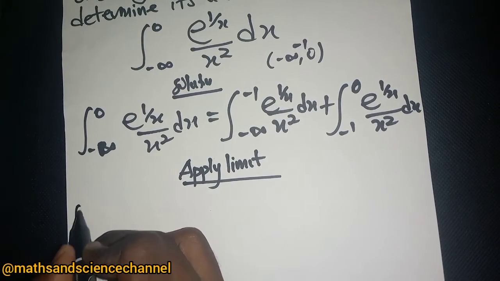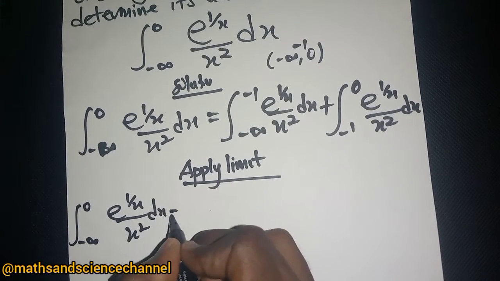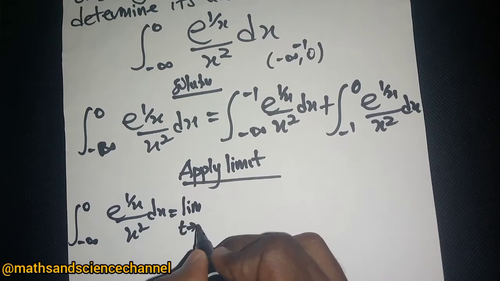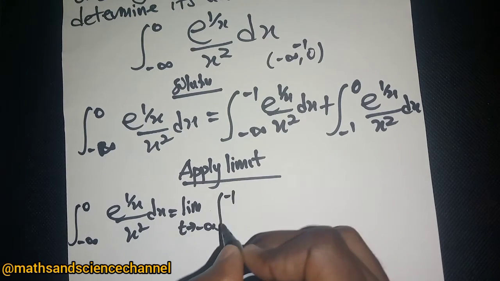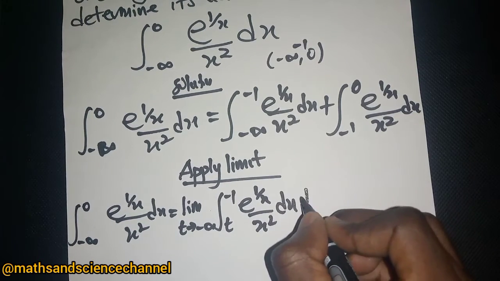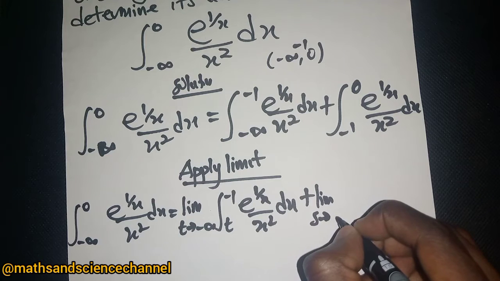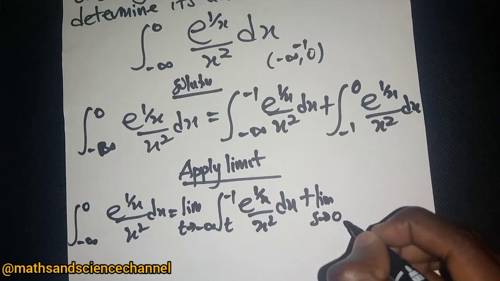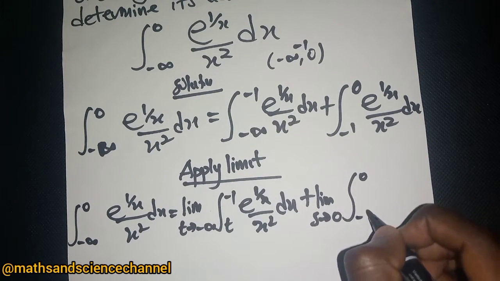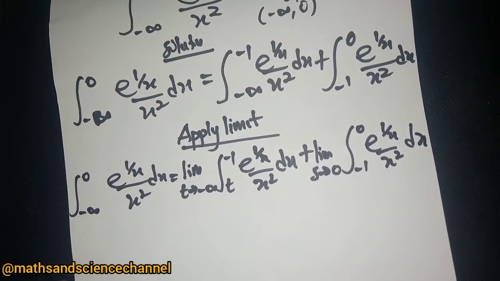The first one will be equal to the limit as a variable t approaches negative infinity, from t to negative 1 of e to the power 1 over x over x squared dx, plus also the limit as a approaches 0, from negative 1 to a of e to the 1 over x over x squared dx. So this is what we have.